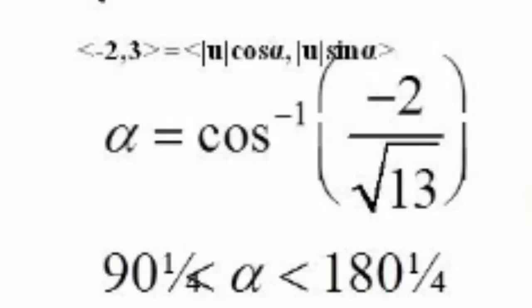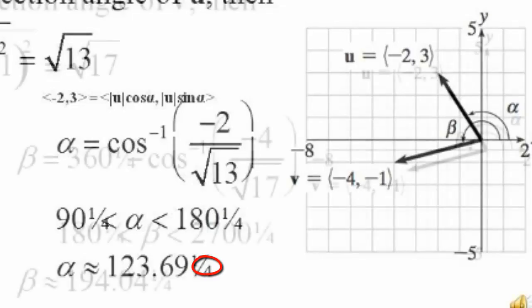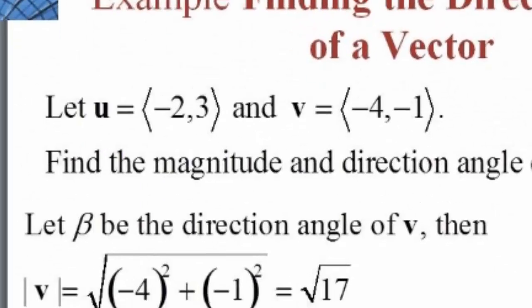We can see that our angle alpha is going to be between 90 degrees and 180 degrees. When you find the arc cosine, we get alpha equal to 123.69 degrees.